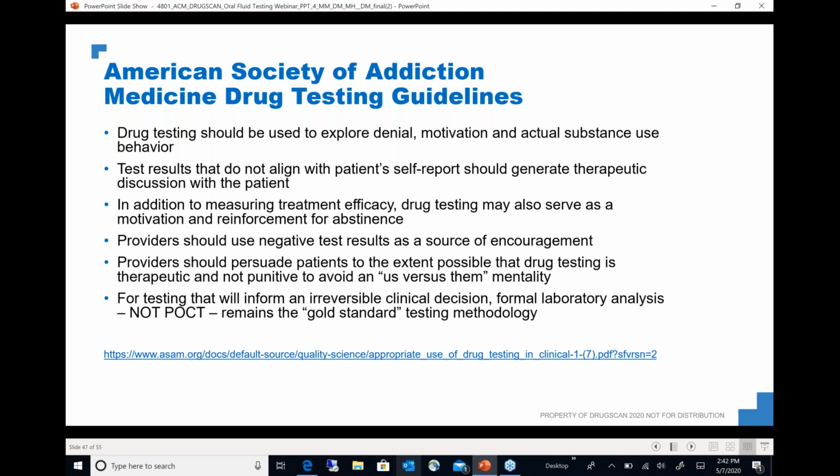Now, these are ASAM guidelines. ASAM states that formal laboratory analysis, which means quantitation based on confirmation of drugs present, is the gold standard.